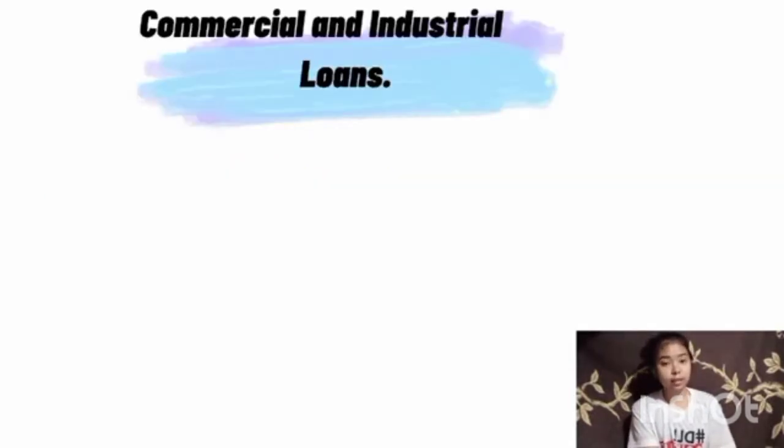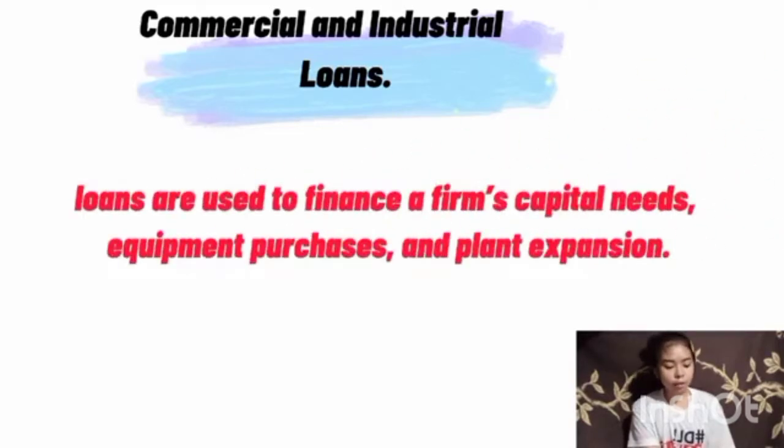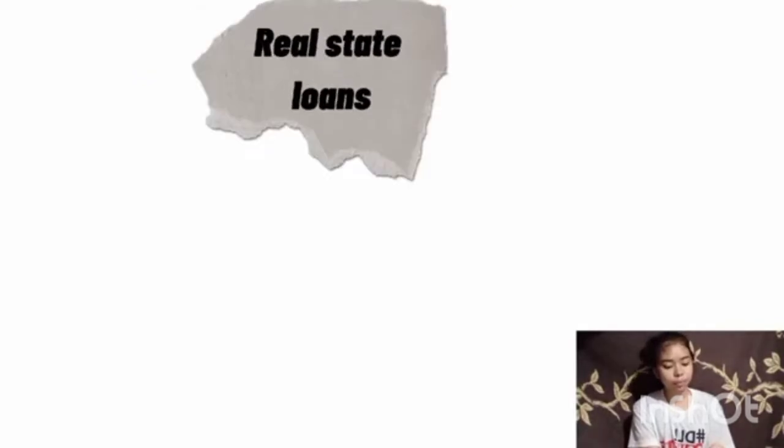So next is the commercial and industrial loans. Loans are used to finance a firm's capital needs, equipment purchases, and plant expansion. They can be made in quite small amounts, such as small businesses or large businesses. Next is the real estate loans.